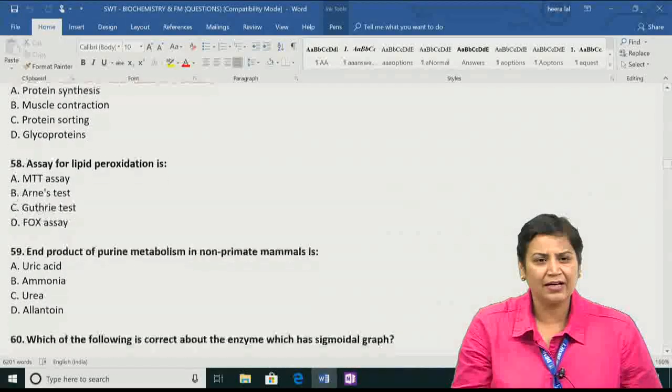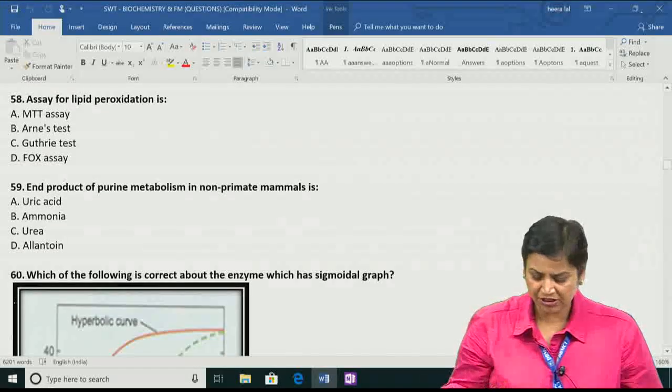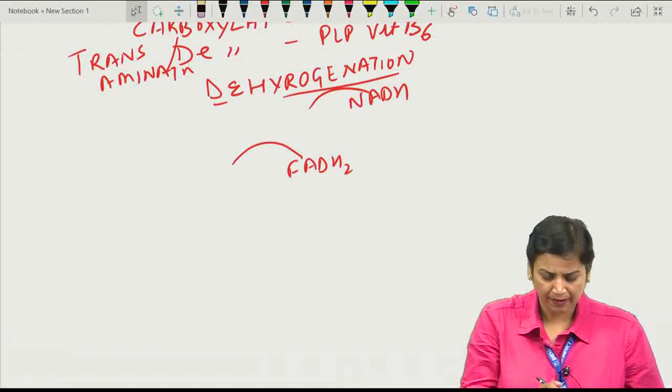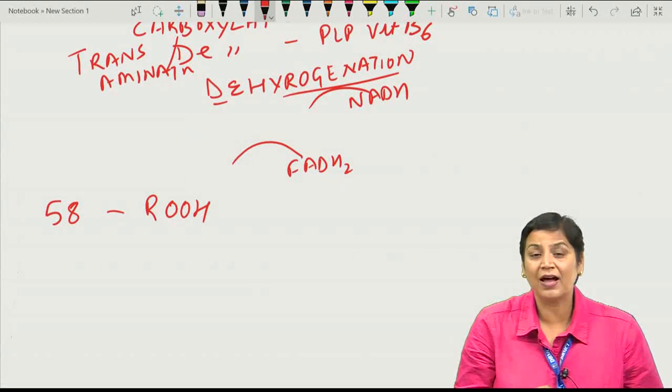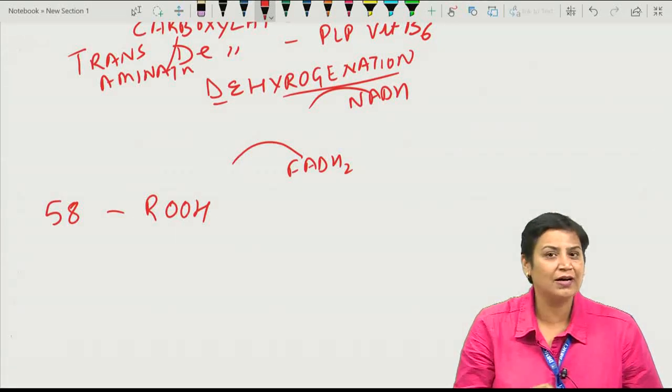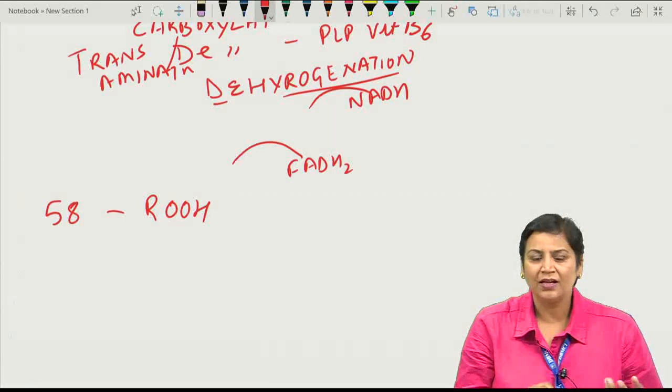Then question number 58, assay for lipid peroxidation. Now see, lipid peroxidation is this. Rancidity of fat is due to the formation of peroxides in this. We cannot keep fat for a longer time. So there are certain assays by which we can see to what extent the fat is rancid, to what extent peroxidation has occurred.